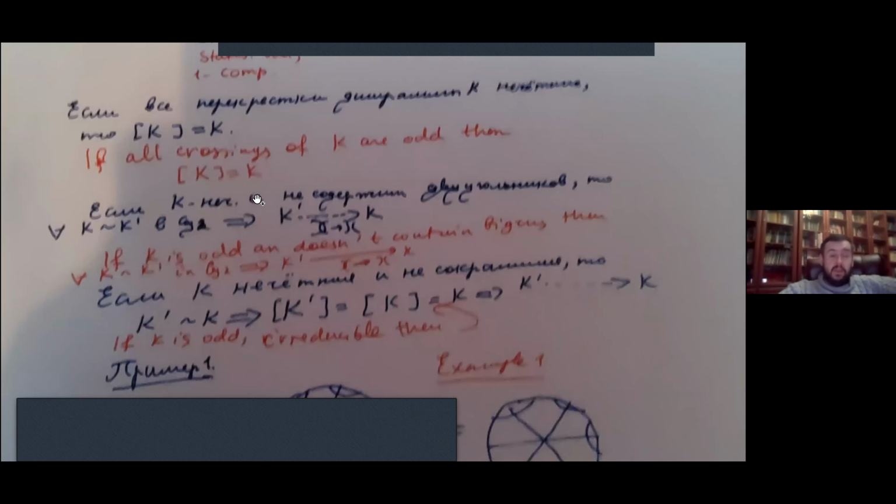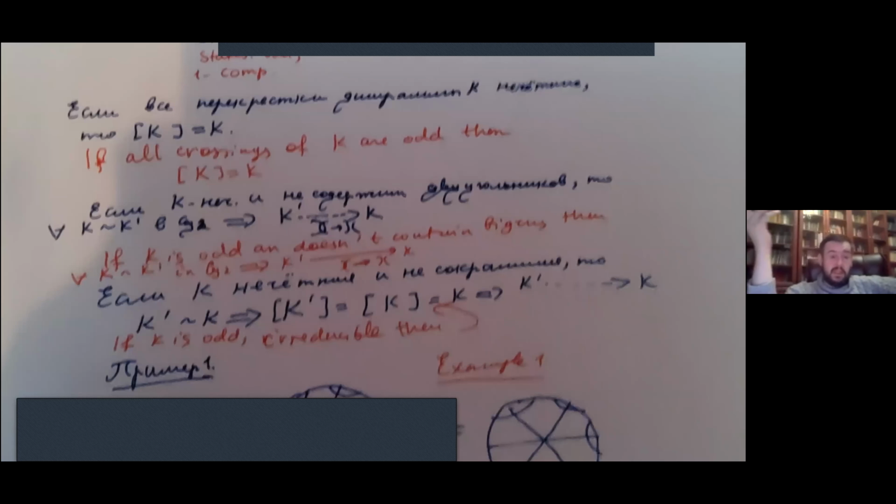So now if K is odd and irreducible, then whenever we have some diagram K prime of the same free knot, this means that K prime can be undone to K by using this bygone smoothing. То есть ситуация такая, если К нечетная, неприводимая, то каждая эквивалентная диаграмма, то есть диаграмма, представляющая тот же свободный узел, может быть сведена к К просто разведением двуугольников.